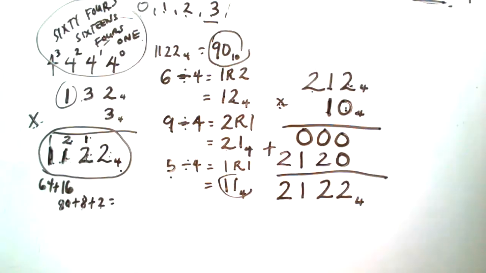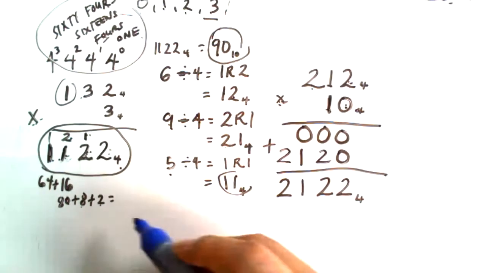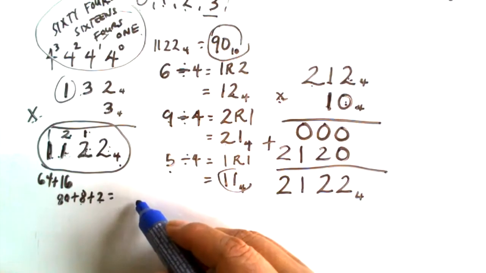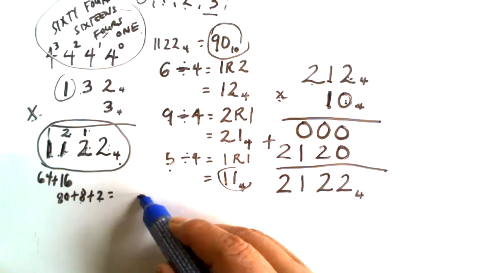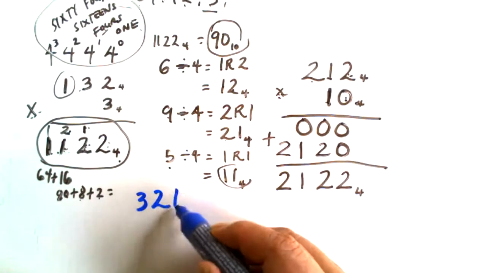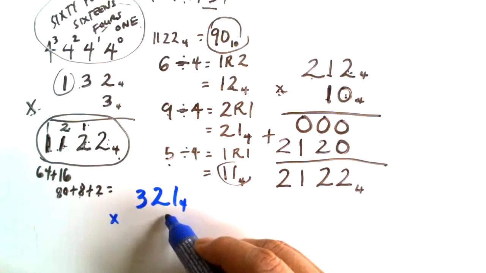Let me give you some homework. What is 321 in base 4 times 2?